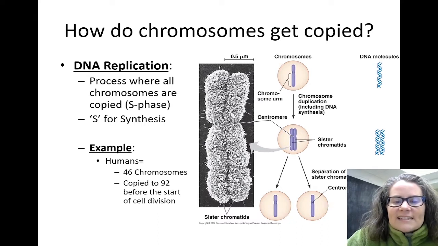At the end of this phase for a human cell, you start with 46 chromosomes and you will have 92 potential chromosomes at the end of DNA replication. Chromosomes are often shown like these letter X's almost, and this is showing one chromosome and then its identical copy. So that's often why we're showing a set of two, because DNA replication has already happened.